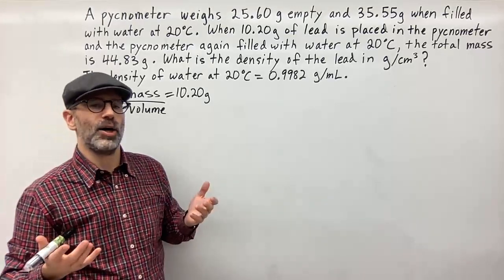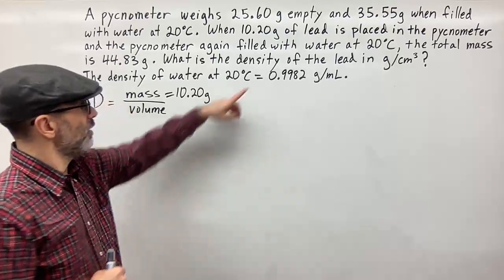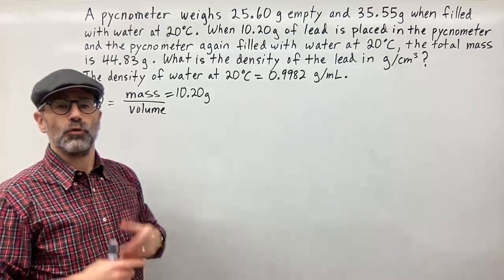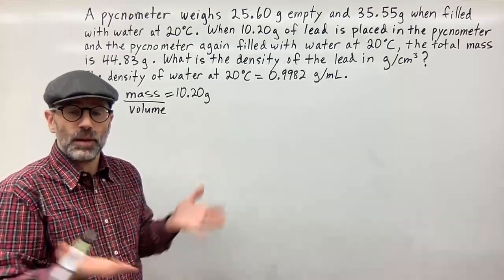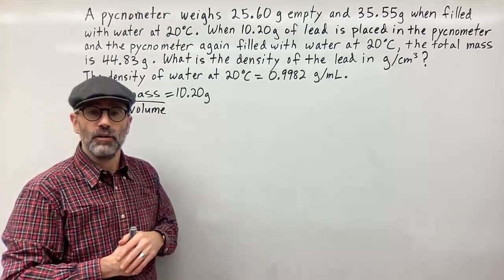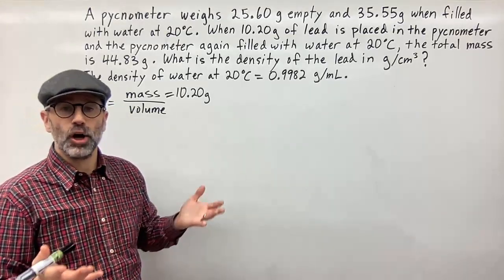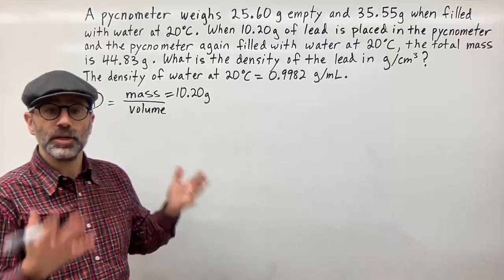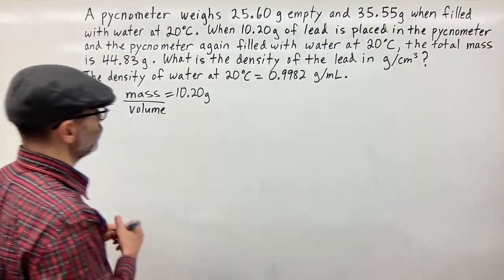How is that going to help us? Well, they give us the density of the water at 20 degrees. If we know the mass of the water that filled the total volume of the pycnometer, then we can get the volume of the water, which is the same as the volume of the pycnometer itself. So let's go ahead and do that.